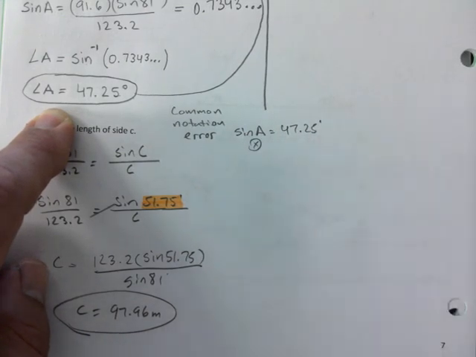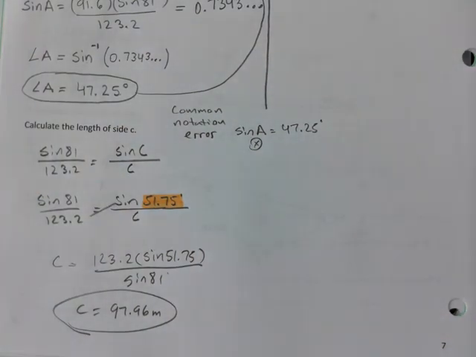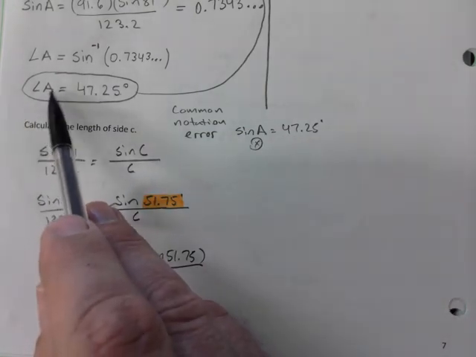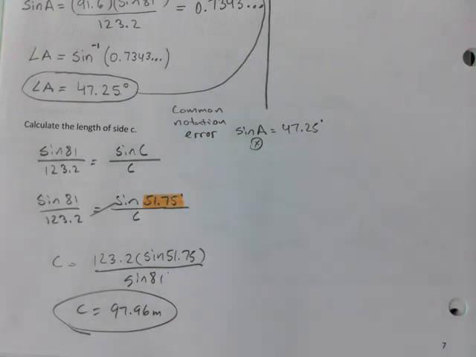This is wrong, okay? You're not supposed to have sine A. Once you find the angle, then it should just be down to the angle letter itself, not sine of that angle. Same with cosine when we do that later.